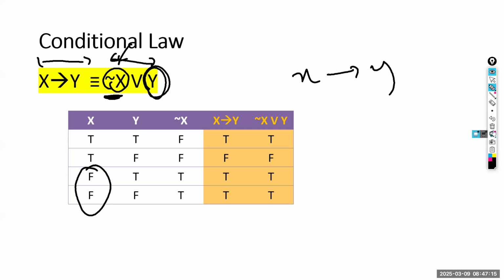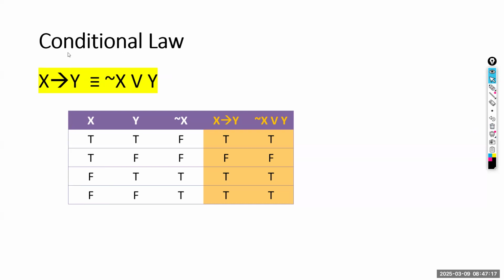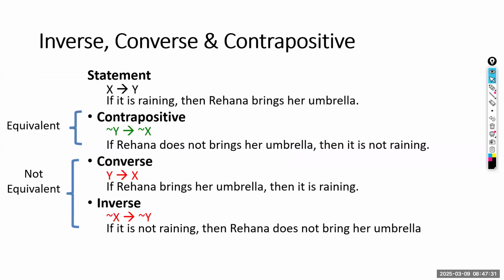So that is how logic works. These two statements are logically equivalent: either Y has happened or X has not happened, because X happening means Y always happens according to this statement. Right. So this is a very important slide.